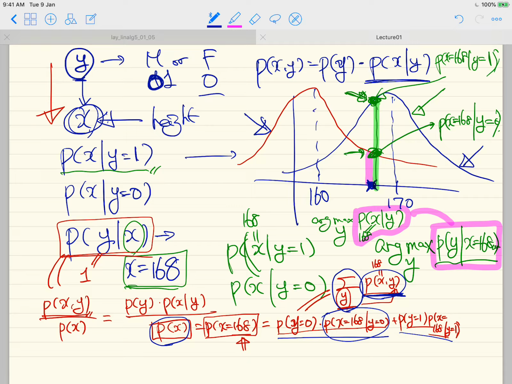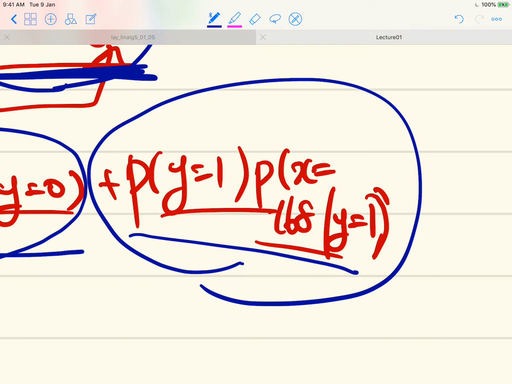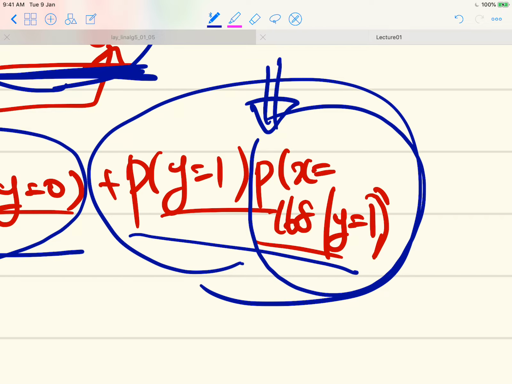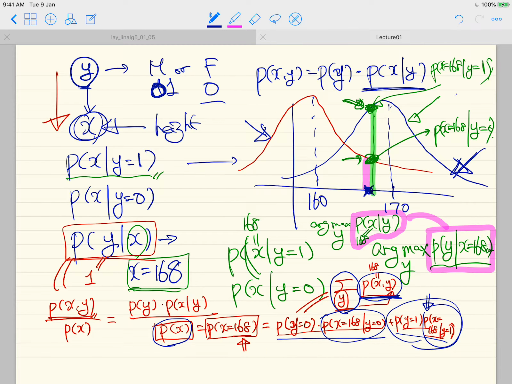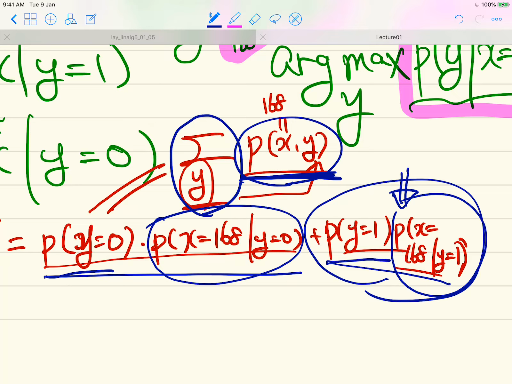And then for the male case, this guy is basically called a likelihood function, right? More exactly, p of x when given y is equal to 1, the male case.